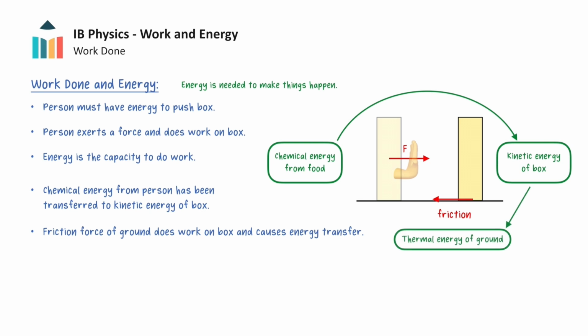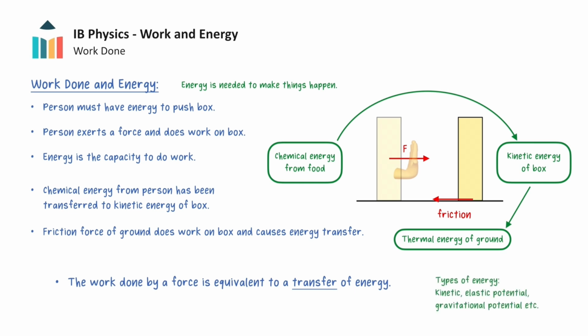In both of these examples, work is done by a force on an object, and it results in an energy transfer. This is how these two quantities are linked together. Work done is another way of saying that energy is transferred. There are many different types of energy, such as kinetic energy and potential energy, and many different possibilities of energy transfers, but these will be explored in detail in another video.